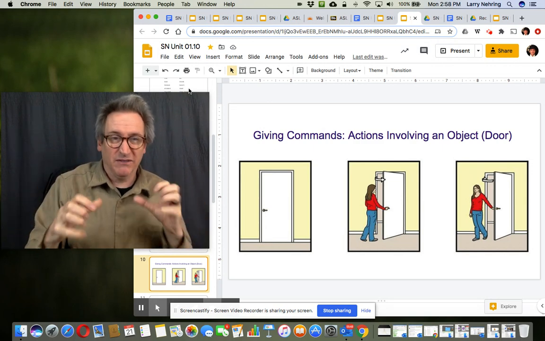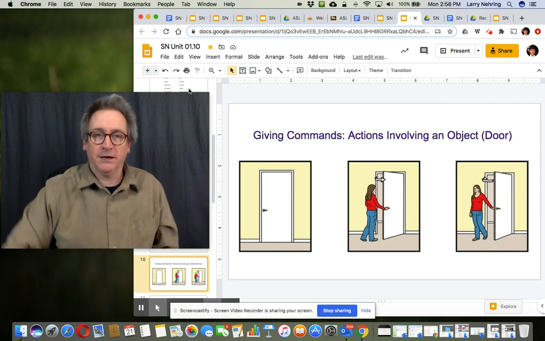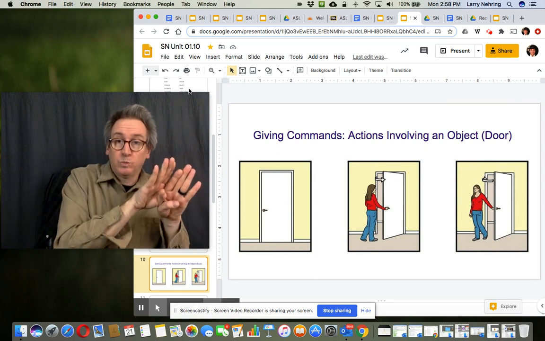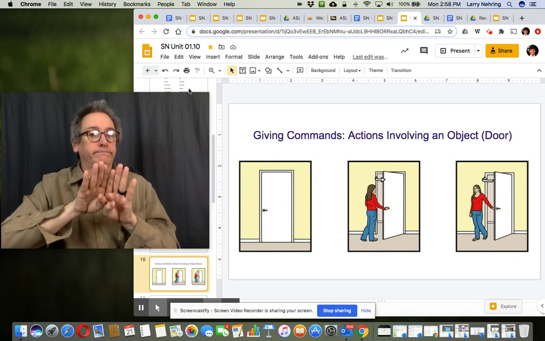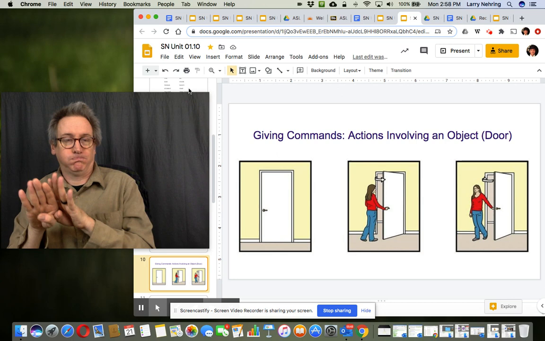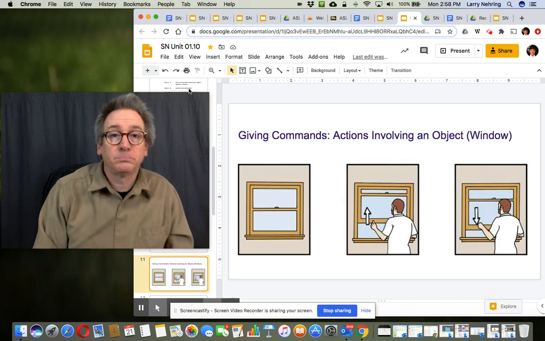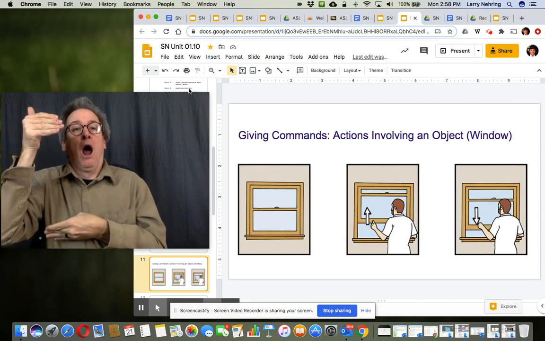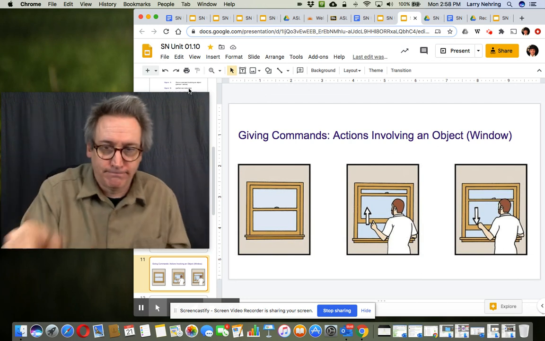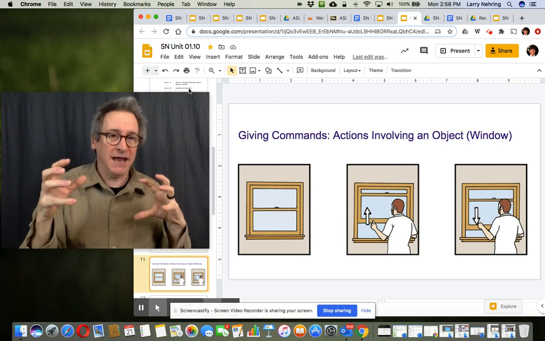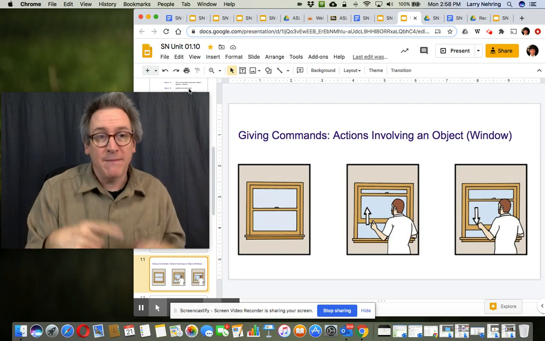But I want everybody to feel comfortable with what they're seeing. Now, these sound effects that I'm making, the non-manual morphemes, do have meaning.